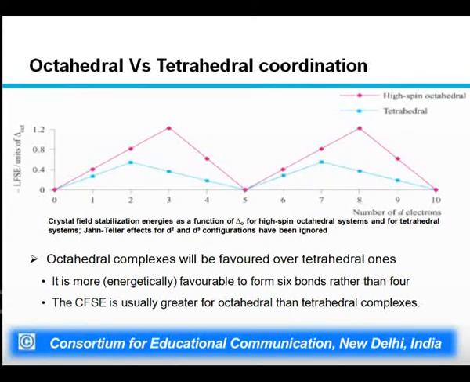So, it basically means that the favorability of an octahedral geometry also depends upon the electronic configuration.